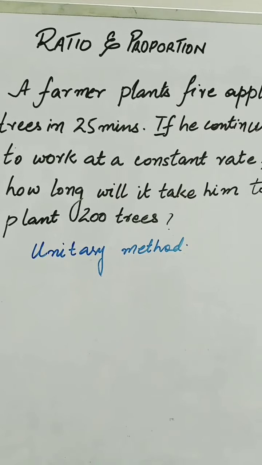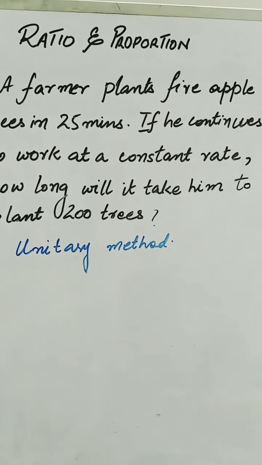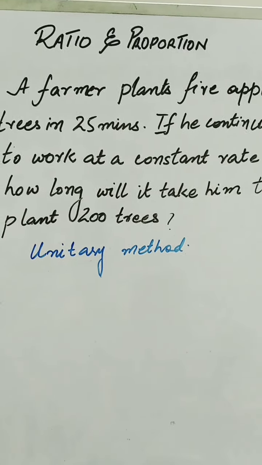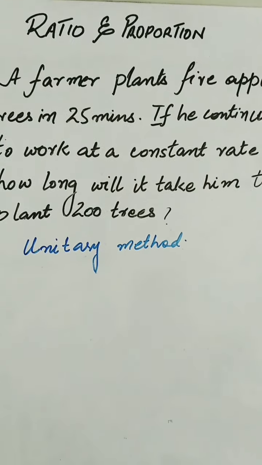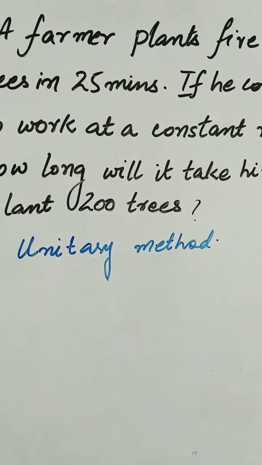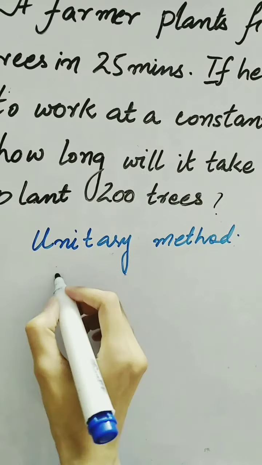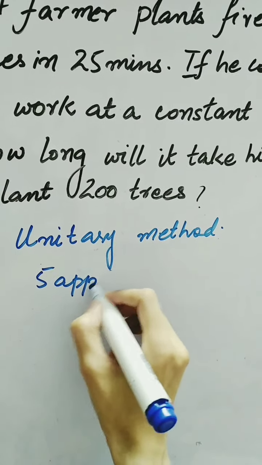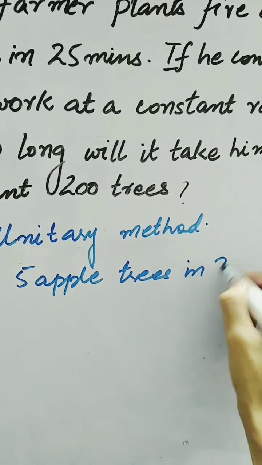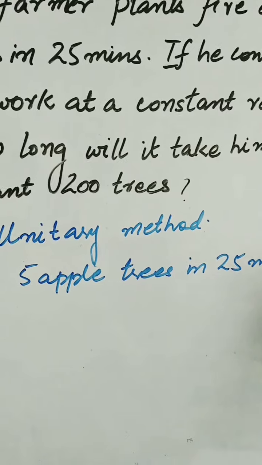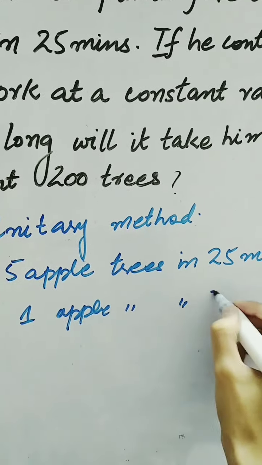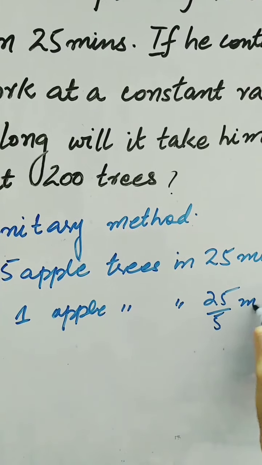Now look at another question in which a farmer plants 5 apple trees in 25 minutes. If he continues to work at a constant rate, how long will it take him to plant 200 trees? We are going to solve this question with the help of a unitary method, and we know that 5 apple trees in 25 minutes, 1 apple tree in 25 over 5 minutes.